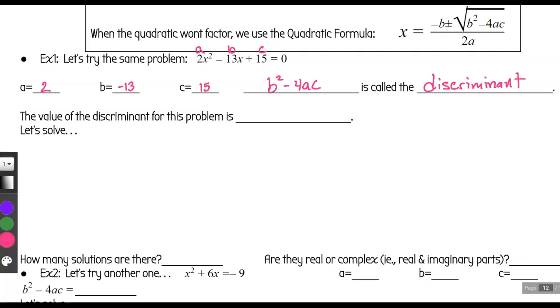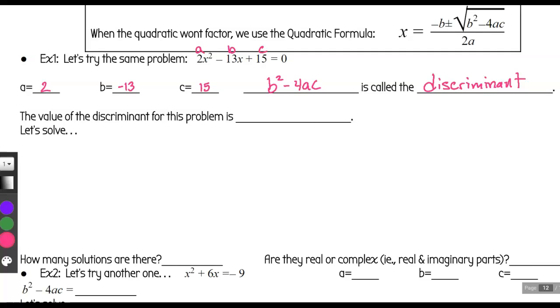This is called the discriminant. The discriminant helps you determine what type of solution you're going to have. Whether you're going to have 2 solutions, 1 solution, or no solutions. The discriminant will let you know this.